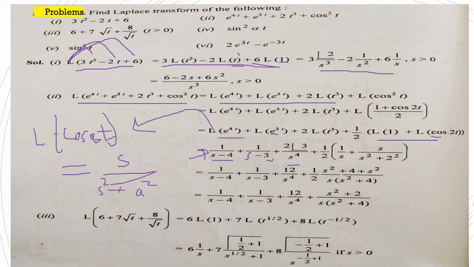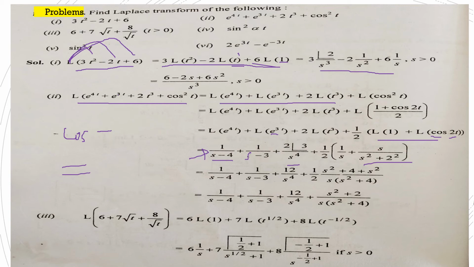This is the formula for Laplace of cos at. So a is here 2. It is s upon s square plus 2 square. After that you can simplify the result and solve it. The main thing in Laplace transformation, students, is that you must know the formulas. If you know the formulas, you can solve each and every problem. First of all, you must learn the formulas.